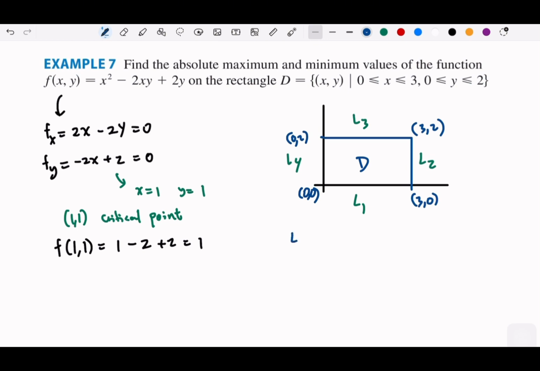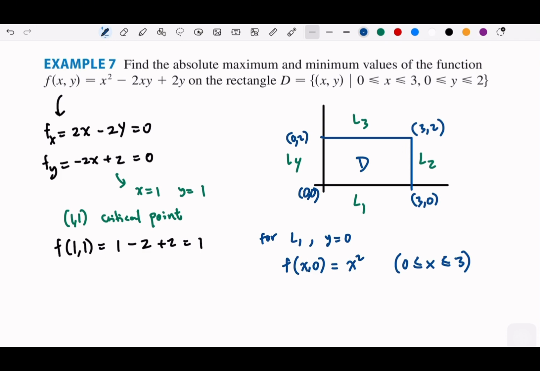On line 1, L1, y is 0, so we only have differences in x. We plug in the information, and this will be only x squared, with x from 0 to 3.